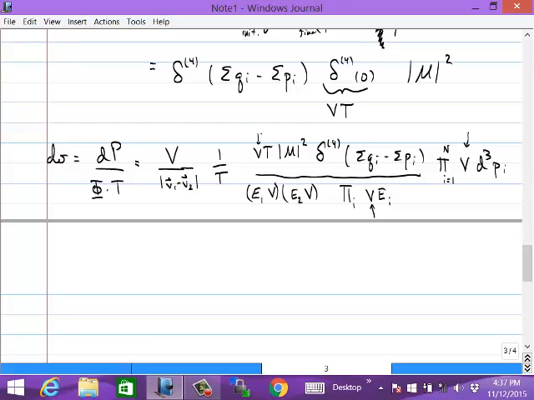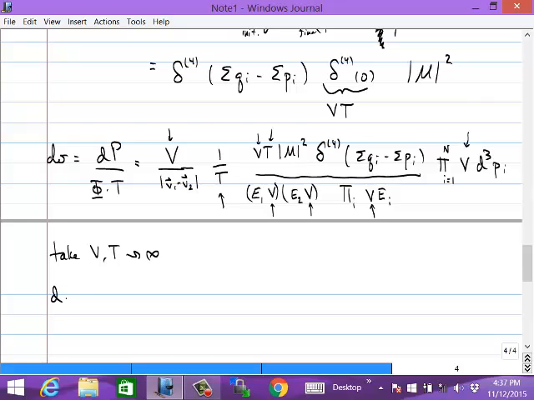I have 2 factors of V here that cancel 2 factors of V down here. I have a time here, which cancels a time here. So at the end of the day, we can now take away those cutoffs V and T to get an expression for the total differential cross-section.